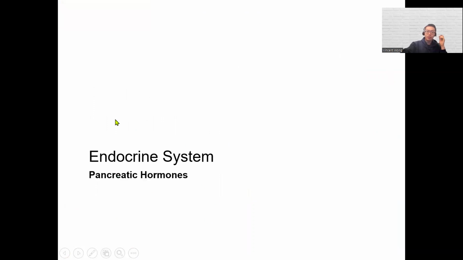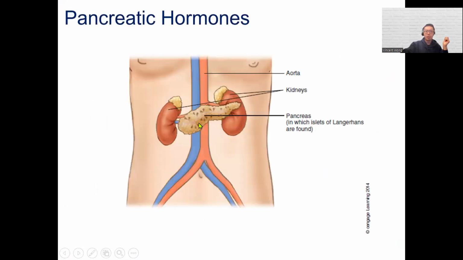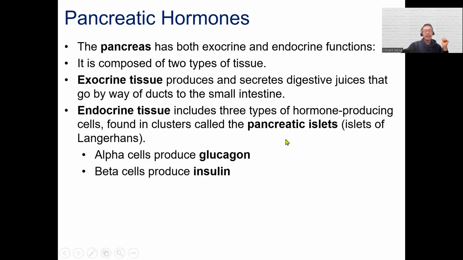Okay, so now we're going to move on to the pancreatic hormones. The pancreas is, of course, located behind your stomach, which is not shown in the picture, but it's closer to the upper left quadrant of your abdominal cavity. And as I told you, it has both exocrine and endocrine function.